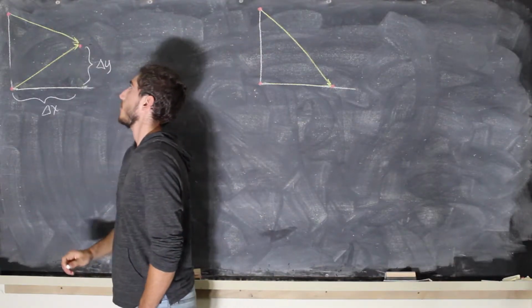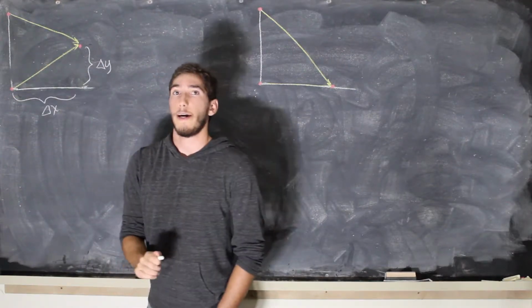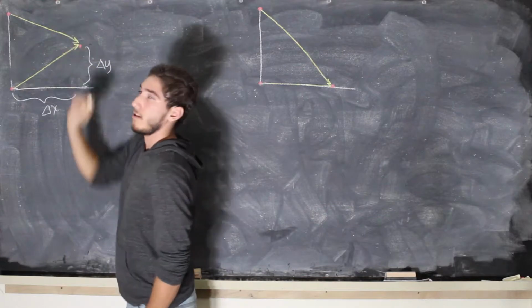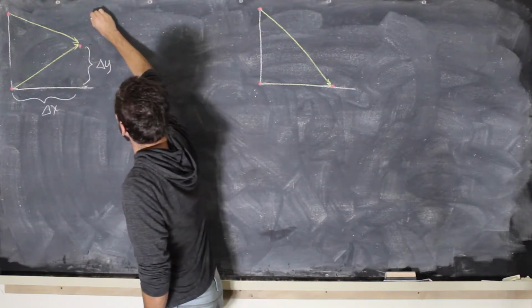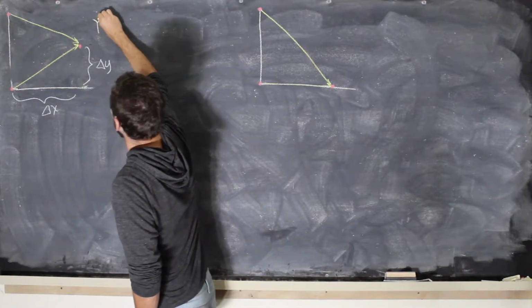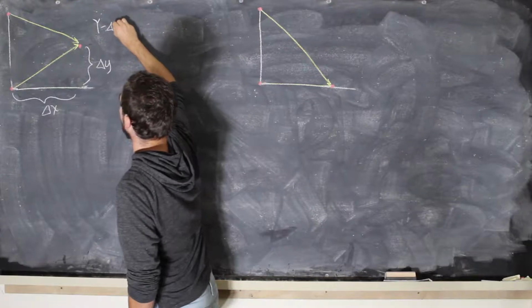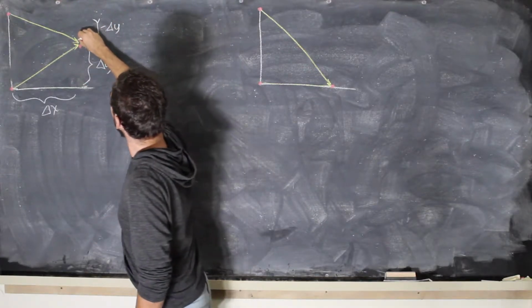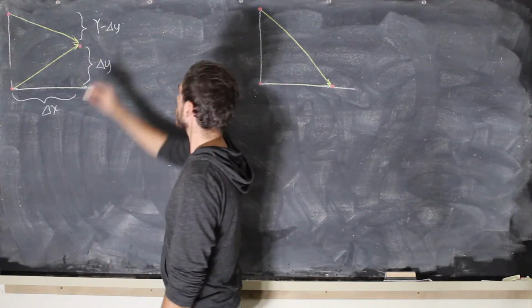The x component for the top line will be change in x, and the y component for the top line will be some constant y minus change in y. And so now we have two vectors.